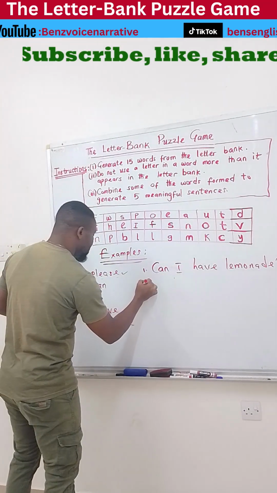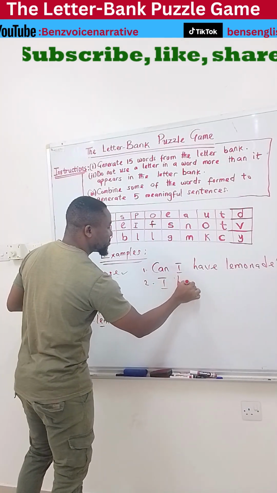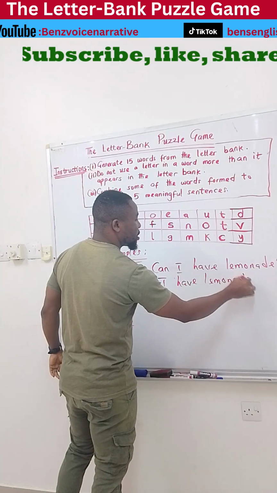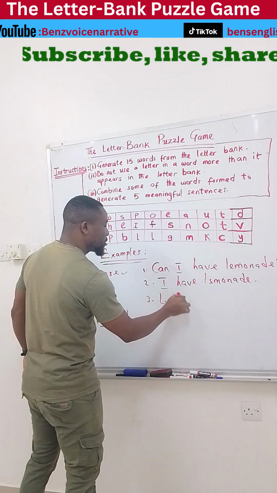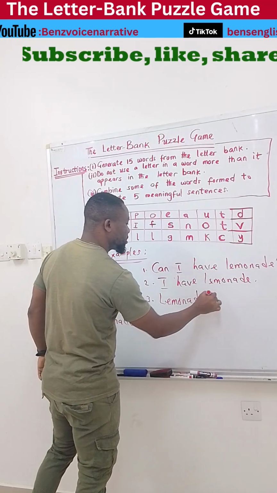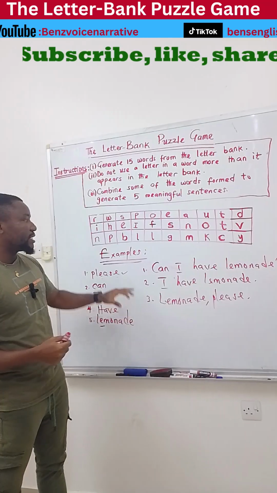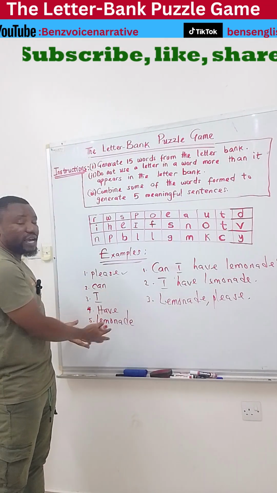Another sentence can be, I have lemonade. Or number 3, you can have lemonade, please. All of these are example sentences you can form from this group of words by combining these words.